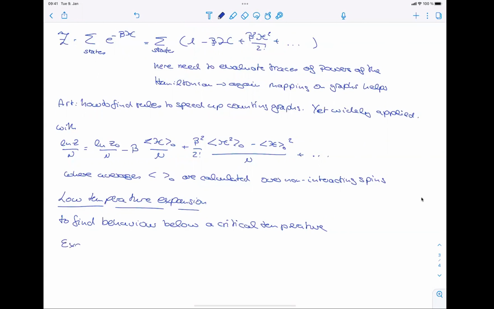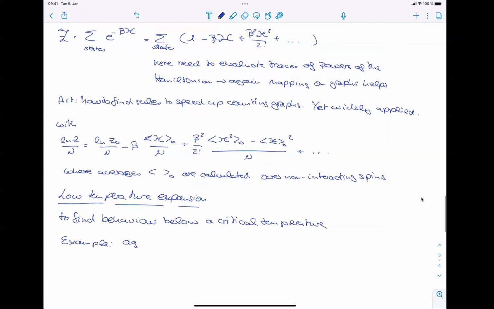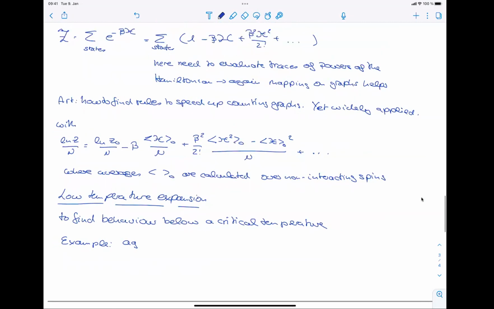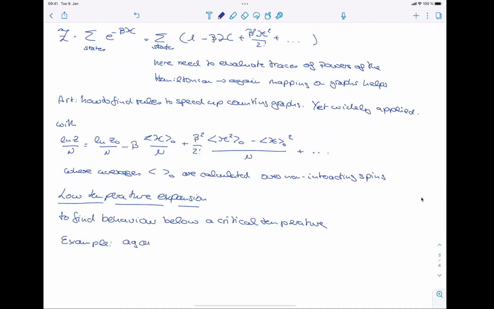And as an example, we take again the 2D square lattice as a model.